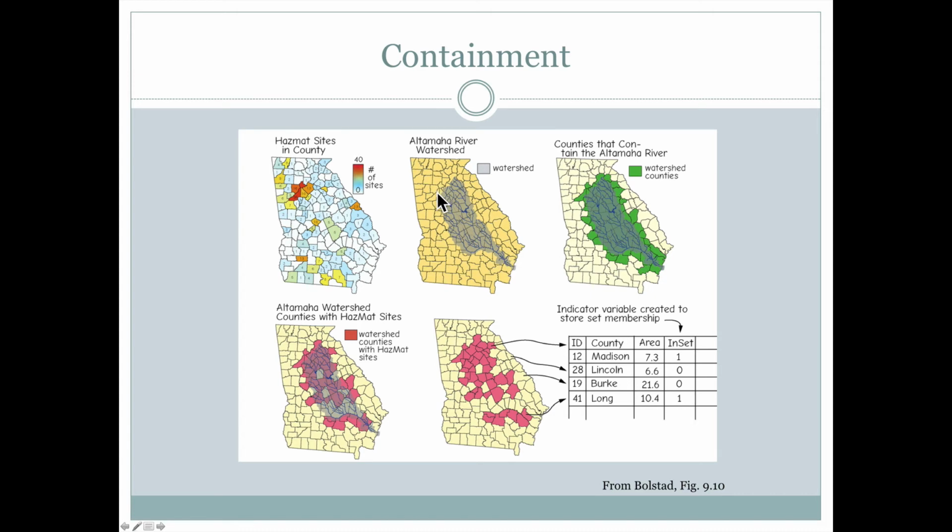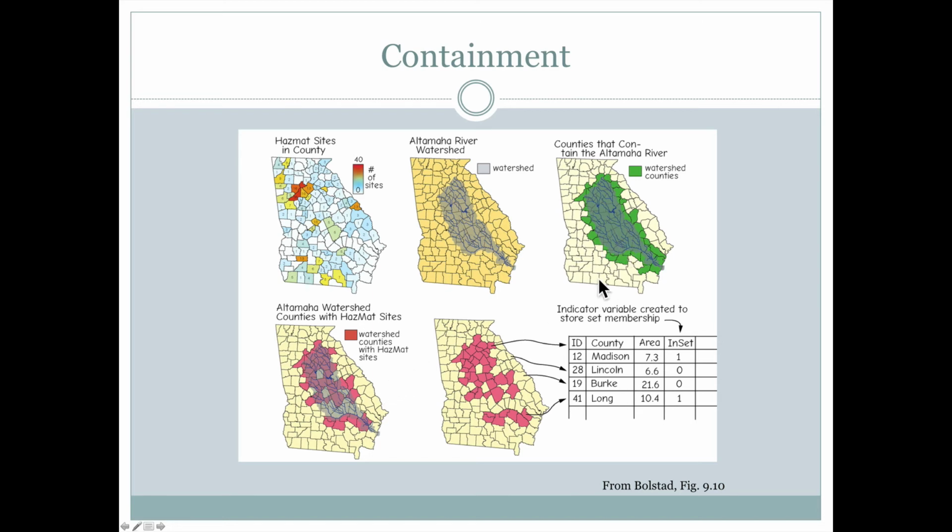Overlaid on top of that is a watershed. And of course, watersheds would be very concerned with where hazardous waste sites are because they could potentially contaminate the surface water. So we're going to select all of the counties in this area, whether they're completely within the watershed or whether just a portion of the county is within the watershed.